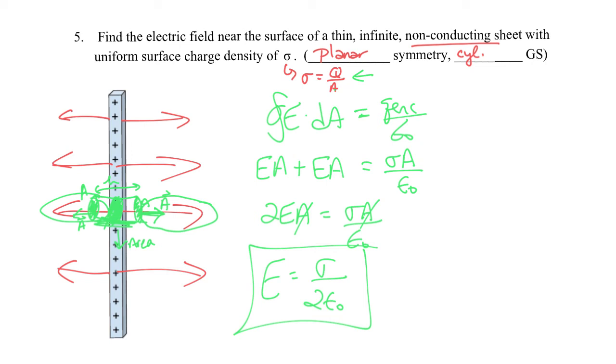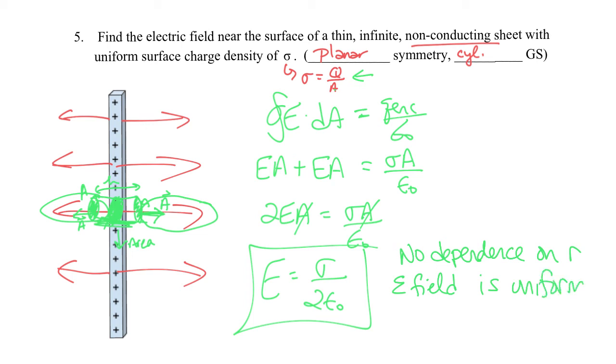Something that is particularly interesting here is that you will notice there is no dependence on r. So that means the electric field is uniform any finite distance away from the sheet of charge.